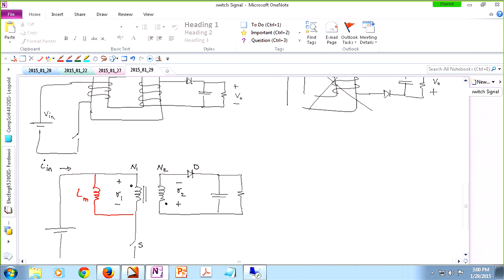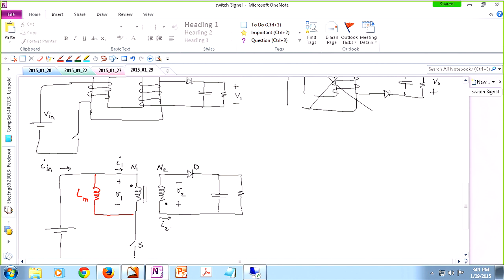So if you remember the basic equations for an ideal transformer. First of all, if our ideal transformer only has two windings, one primary, one secondary, we always assume that the current on the secondary is going out of the dotted node and the current on the primary is going into the dotted node.